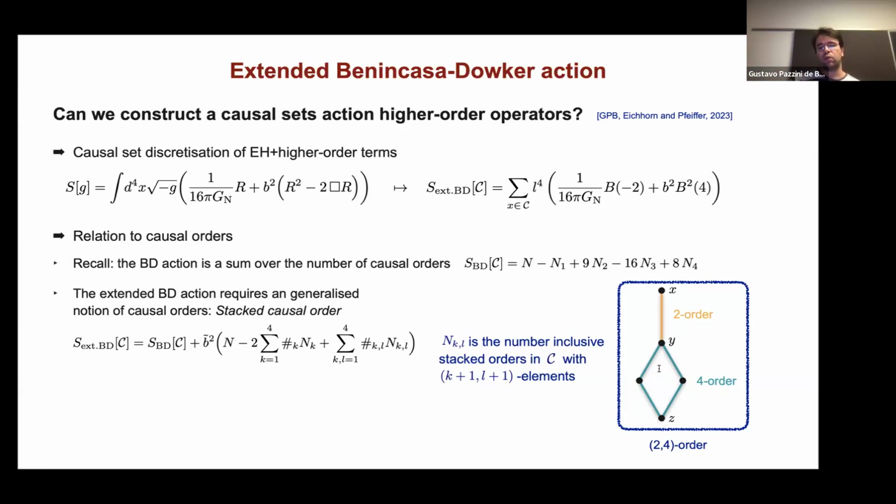So for example, here you have a 2 order, a 4 order, and then you stack one on top of the other, and then you have this 2, 4 order. And an open question is how the phase diagram of this extended action looks like, and whether this exhibits a second order phase transition or any kind of phase transition. But this is still unexplored territory.